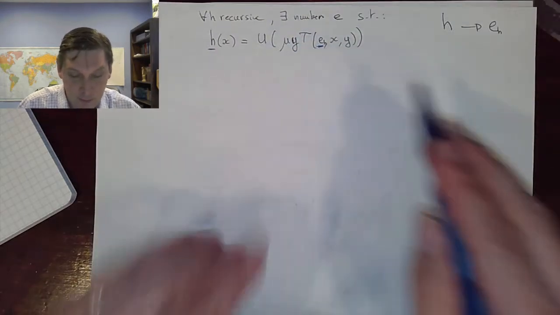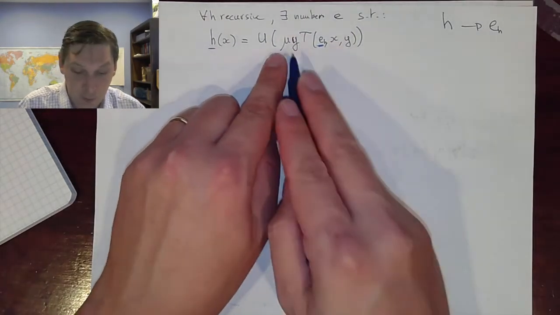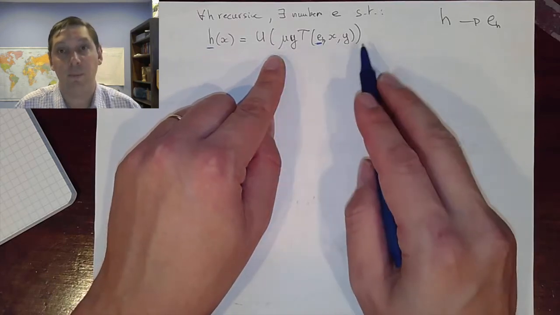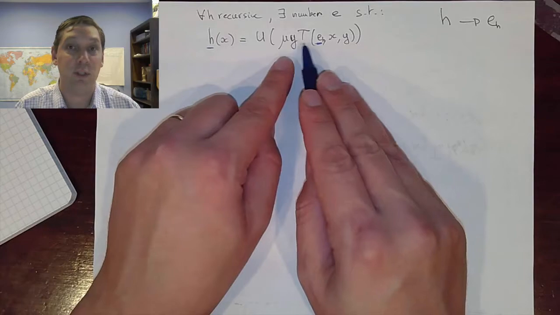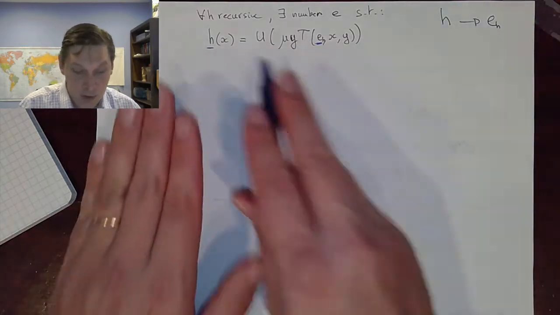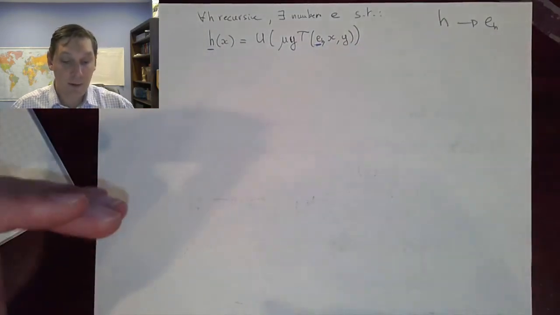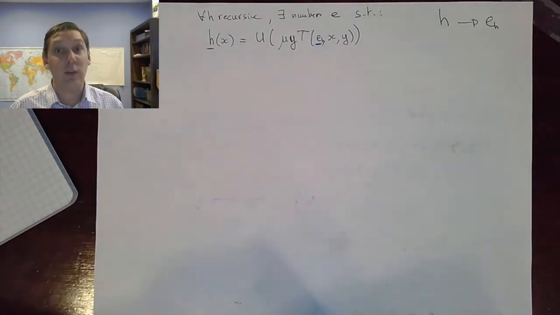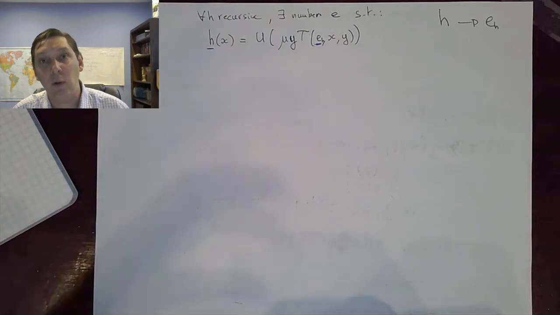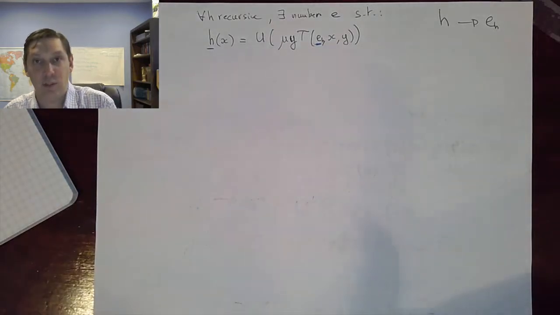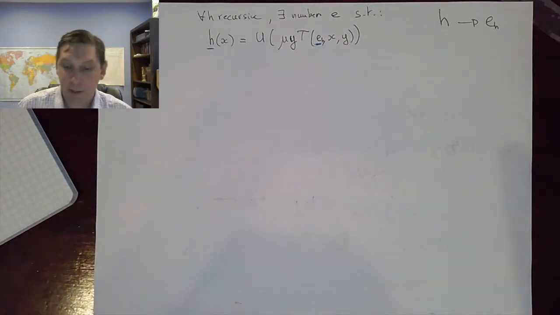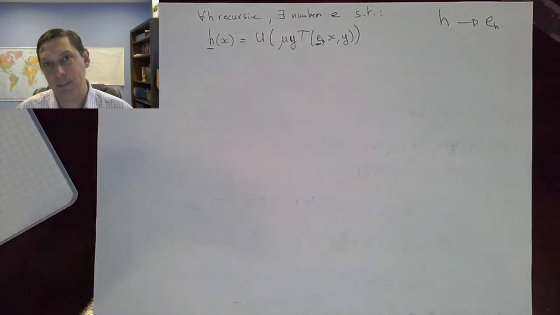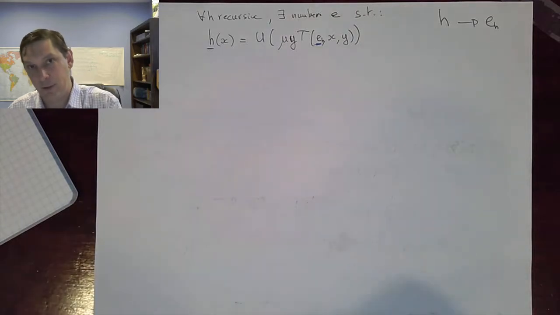U is recursive, T is recursive, and of course the mu-recursion, the minimization over T, is also recursive by definition. So all of this is recursive. We're building a recursive function that can take as argument the encoded number associated with h. So a function h is now possibly the argument of a function.